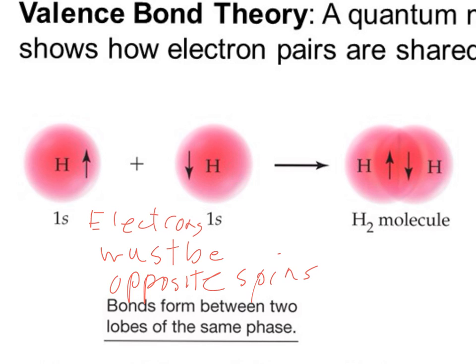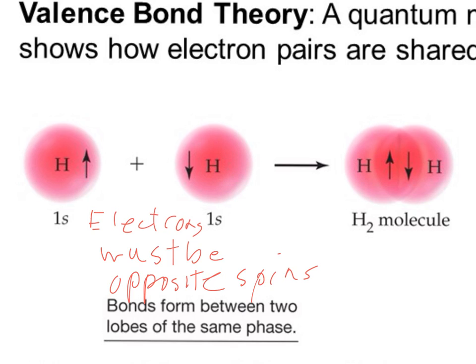It's a shared pair of electrons, two electrons that are going to occupy the same orbital. And according to Pauli, if two electrons are going to occupy the same orbital, they have to have opposite spins. So if we're going to form a shared pair of electrons occupying the same orbital, they've got to have opposite spins.